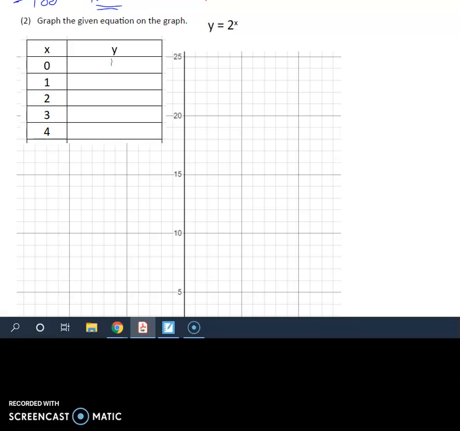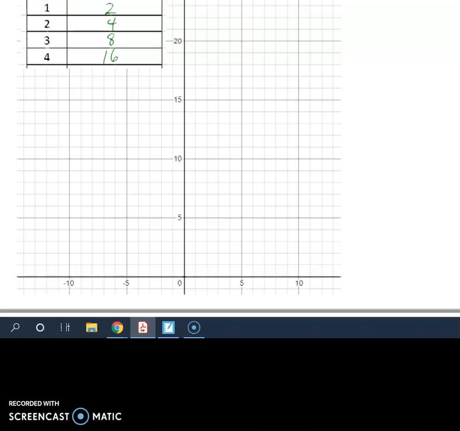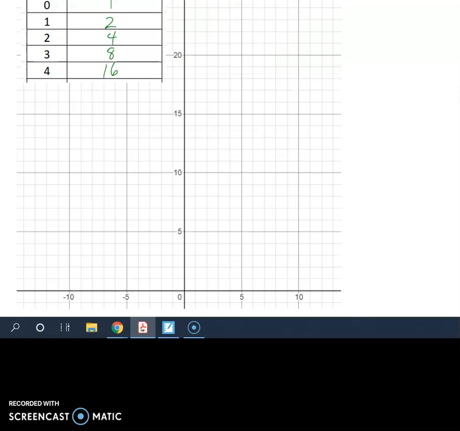All right, so 2 to the 0 power is 1, 2 to the first is 2, 2 squared is 4, 2 cubed is 8, and 2 to the 4th power is 16. So in graphing this, at 0 the answer is 1, at 1 the answer is 2, at 2 the answer is 4, at 3 it's 8, and at 4 it's 16. So the graph looks something like this on the right side.